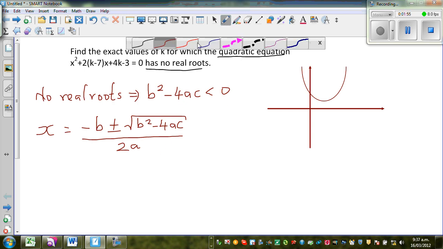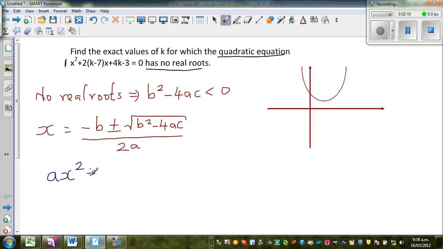So if that is the case, we need to identify what a, b, and c are. Of course, you should know the general form of a quadratic equation: ax squared plus bx plus c, where a is the coefficient of x squared, b is the coefficient of x, and c is the constant.